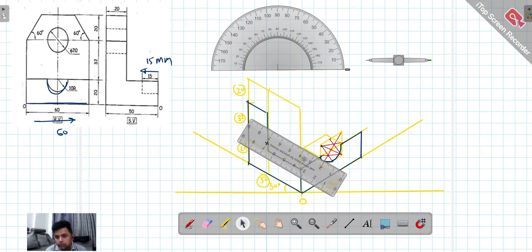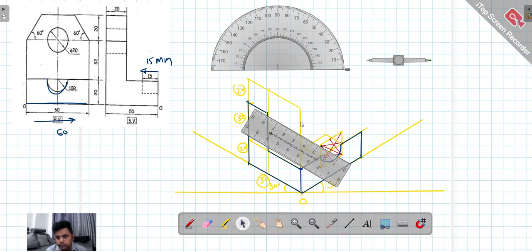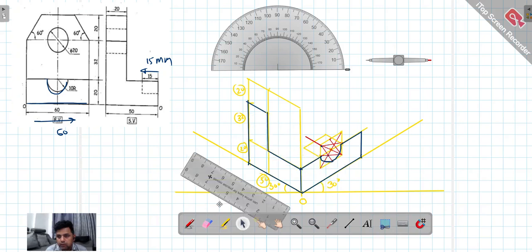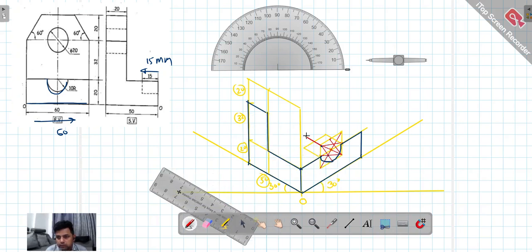Okay. So from this point, from which point? From this point, I am moving 15 mm. From here, I will move. I am shifting this point. This is 10 mm. This is 15 mm. Okay. And with this as a center, we will draw one circle.